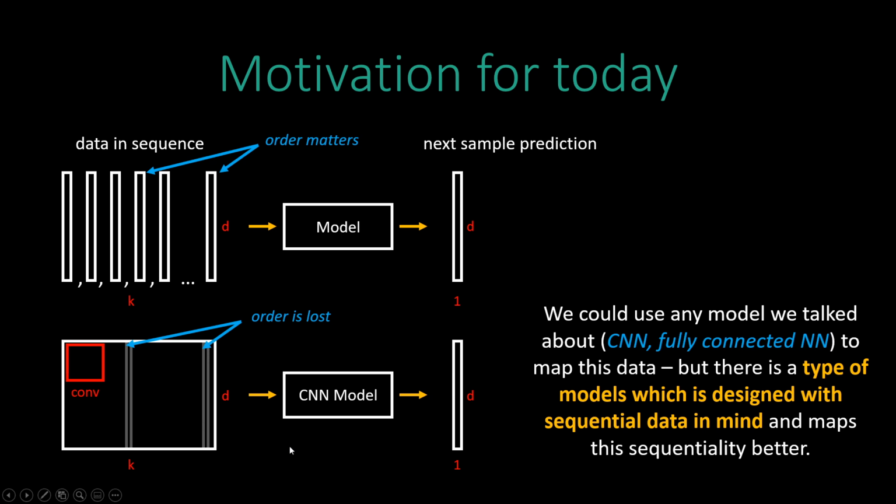But the problem here would be that the order between the frames is lost, because when using fully connected neural networks, this locality would be lost completely, and when using convolutional neural networks, the locality would be maintained only in areas of the convolutional kernels.